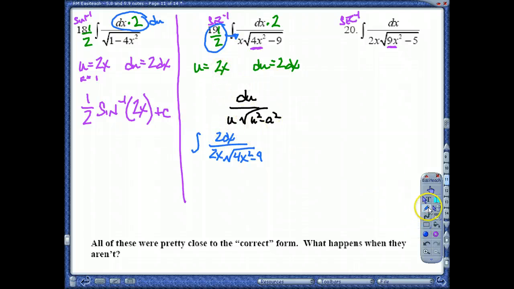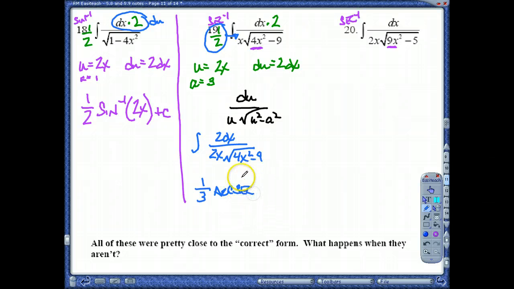Now, last thing I need to do is identify what a is equal to. Our a squared is 9, so a is just plain 3. So when I write out my answer, I know it is 1 over a, so 1 over 3 times arc secant, or secant to the -1 power.